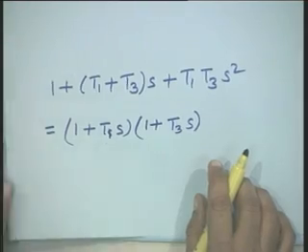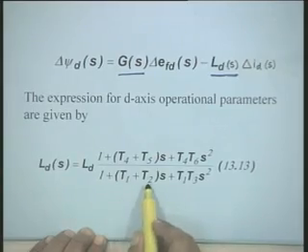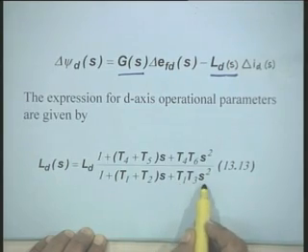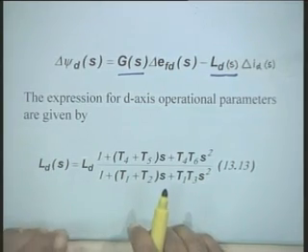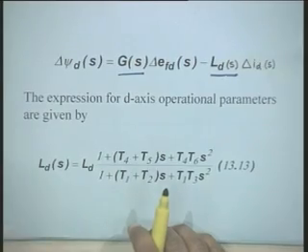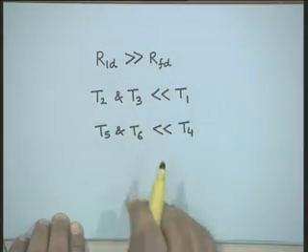But incidentally, the expression here is 1 plus T1 plus T2 S plus T1 T3 S square. Here we make use of one simplification, an approximation. The approximation is that in practice R1D is very large as compared to RFD.